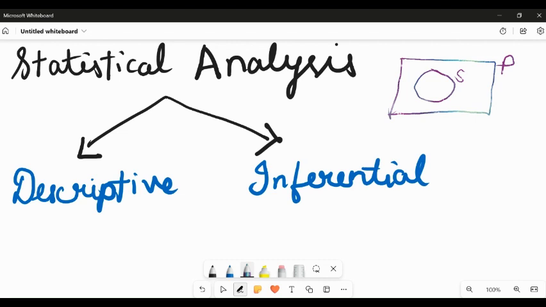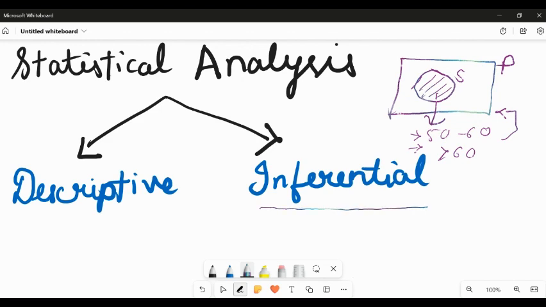Whatever we are collecting here is a subset of the population, not my exact population. So based on the sample data, I'm predicting that the 50 to 60 age group or more than 60 are affected more by COVID-19. Based on that, I'm making an inference about the population. So this is called inferential statistics.